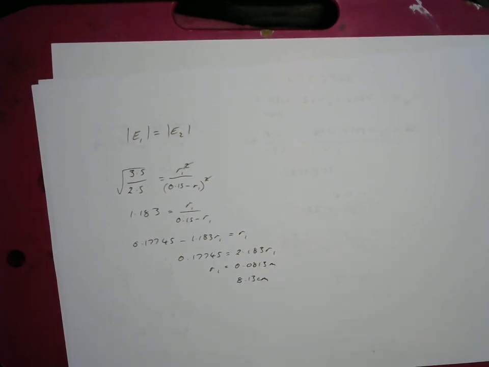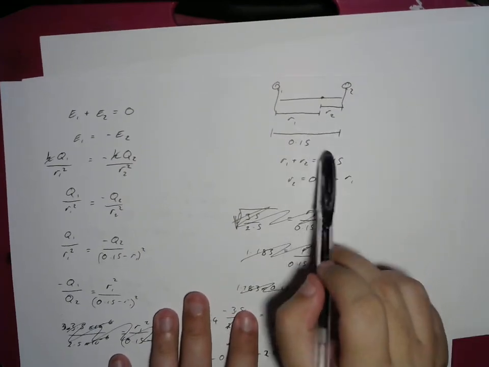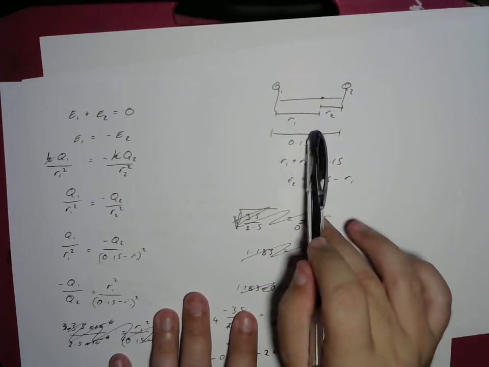I'm curious why that is so close to the other one, even though the answers are different, and I will go back and revisit it for a second to see if there's something else going on that I've forgotten. However, the core idea that I really want you to get from this worked example, firstly, the idea the electric fields have to be equal, but setting up this part here, that's the secret for a lot of these questions.